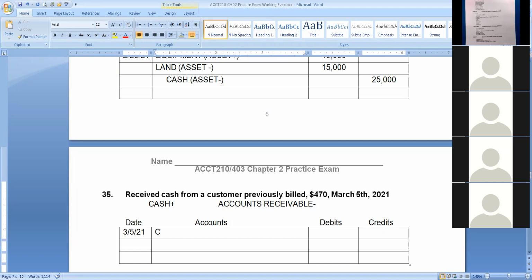Now, don't get me wrong, we'd rather have the cash in our hands, so it was actually a good thing. But they no longer owe it to us. Oh, I should have had you guys tell me what to do with this.